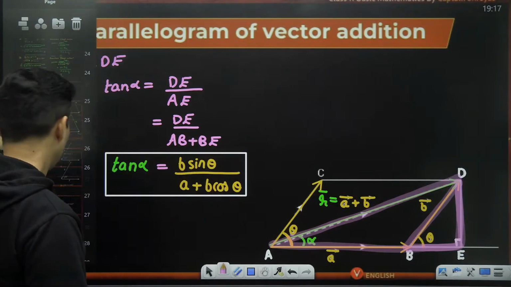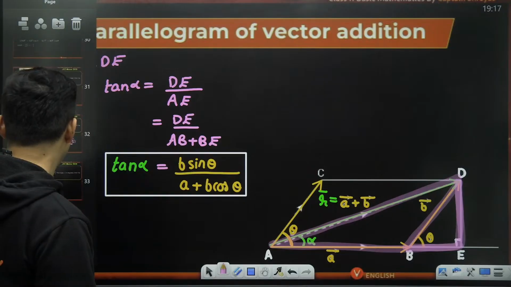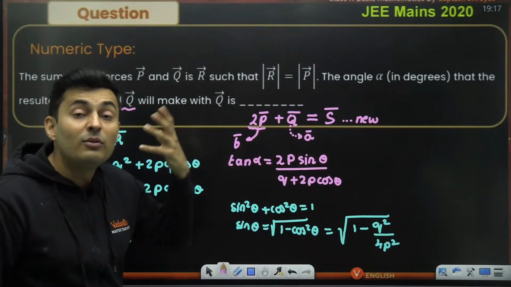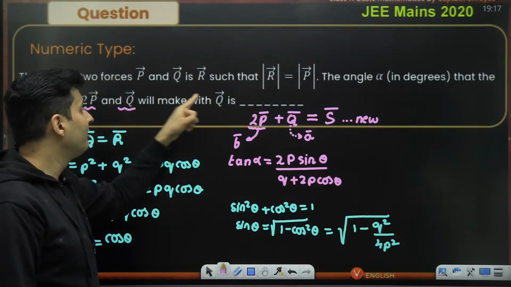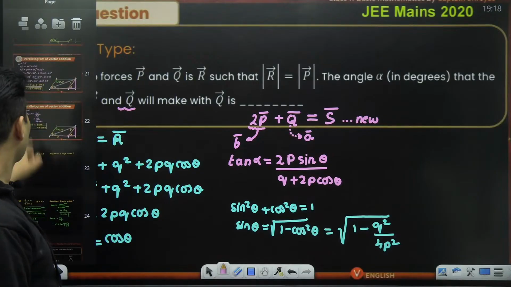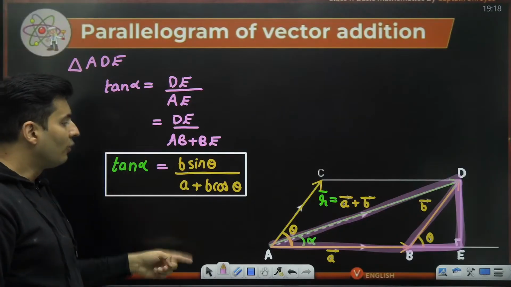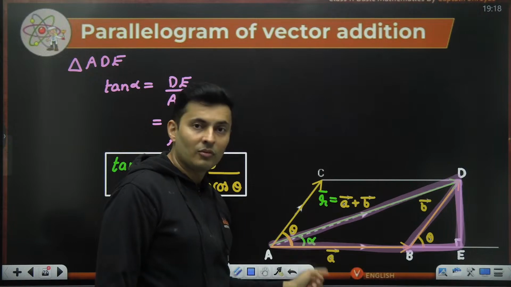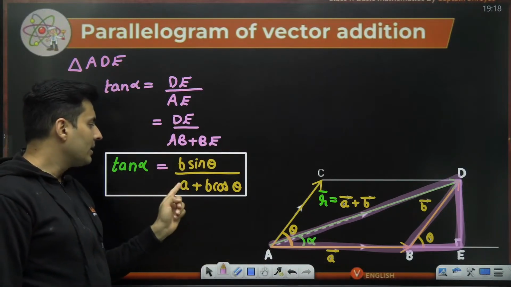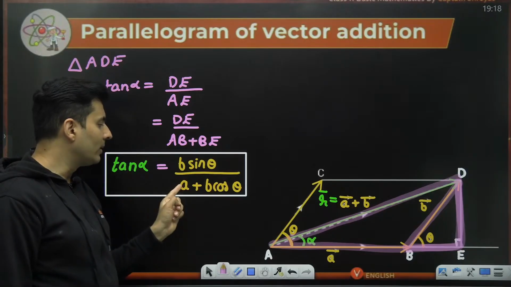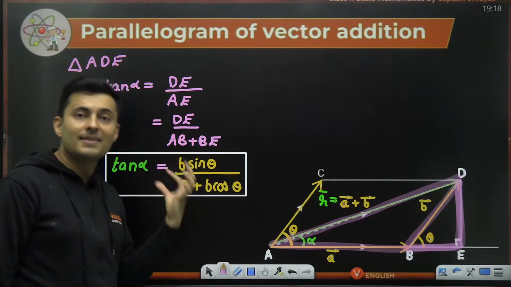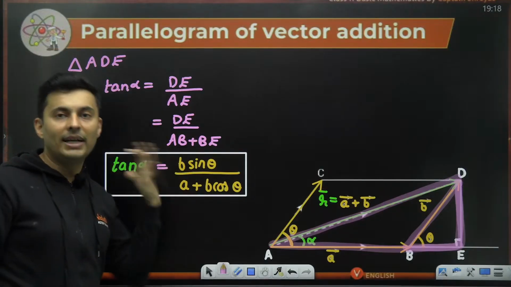When I want to find the angle made by the resultant with some vector, please remember that when that formula was written down, that angle alpha was made with vector A. So the angle that you get is with vector A. Make sure that in this formula, vector A is the vector with which you are finding the angle.